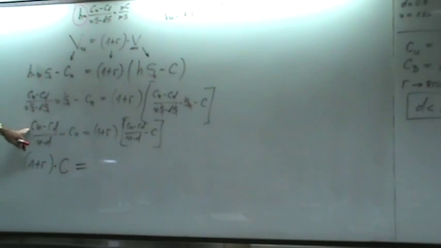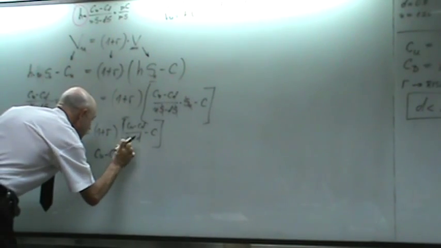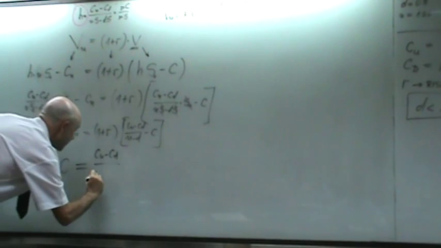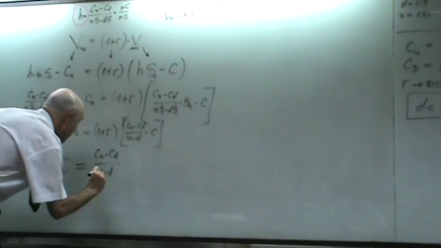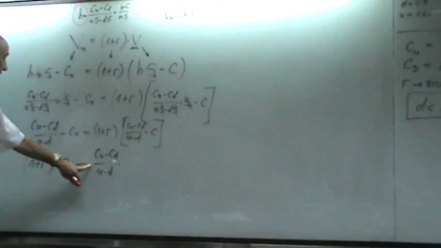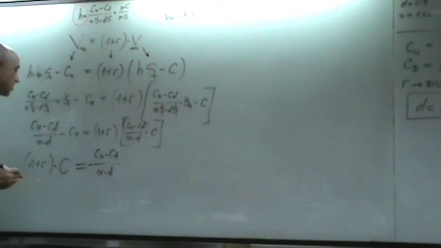On the other side is CU minus CD, CU minus CD divided by U minus D. Okay, so that's on, oh, it's got to be a minus sign here. Okay, that's a minus sign.